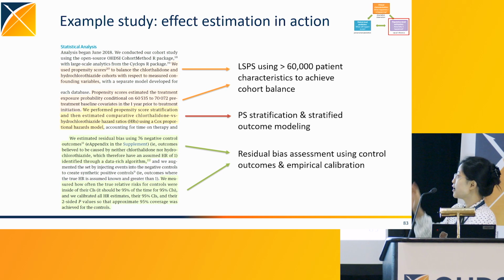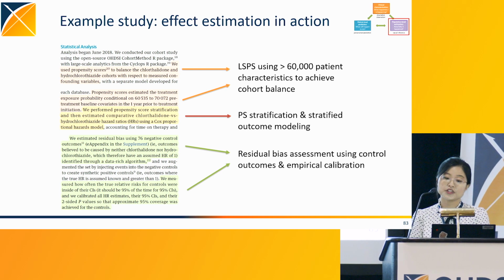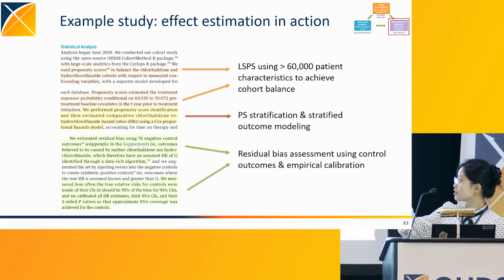Here I'm providing a screenshot of the actual paper, and in the highlighted bits of text, I'm highlighting different parts of the things that we do that I already mentioned in the last slide. In this particular study, we use large-scale propensity scores trained using more than 60,000 patient baseline characteristics.